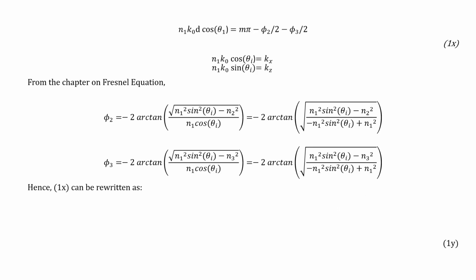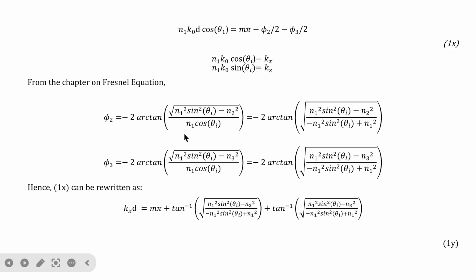So equation 1 can be rewritten like this, because this is essentially kx, and if we substitute v2 into this equation, then you will get this one. If you substitute v3 into this equation, you get this one. So this is the starting point.